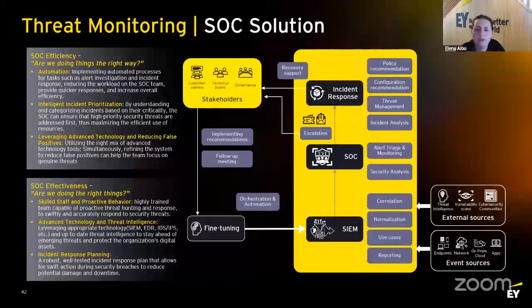If we refer to SOC efficiency, you can see on the left that we base ourselves on automation, because we implement automated processes across the entire life cycle. And this is what my colleagues showed in their demos, that automation is used. We also do intelligent incident prioritization by understanding and categorizing incidents based on their criticality and business impact.